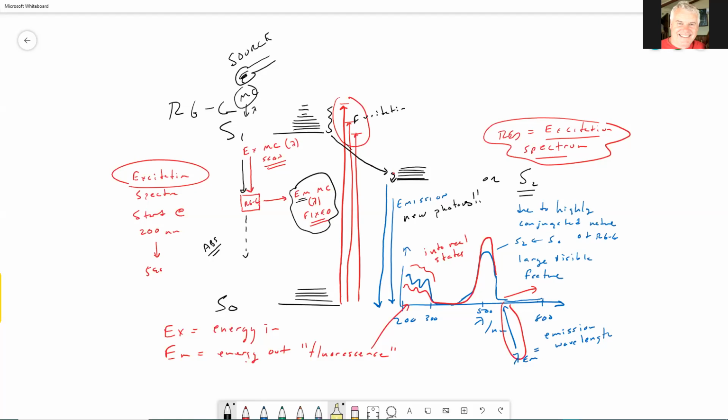Good, good, okay, cool. So you should be able to answer then the question about absorbance. Let me ask this. In absorbance spectra, are the photons detected the same photons that come from the source?